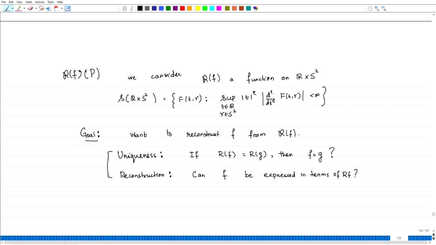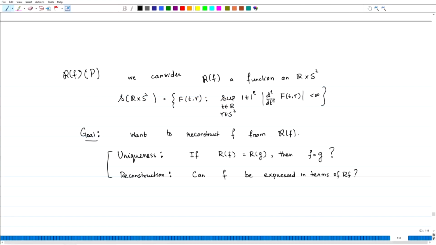Now, for uniqueness, what we know from our Fourier analysis knowledge is that if f hat is equal to g hat for all points in R^3, then by inversion f is going to be equal to g. That suggests we convert this problem into a Fourier analysis problem and try to solve it.